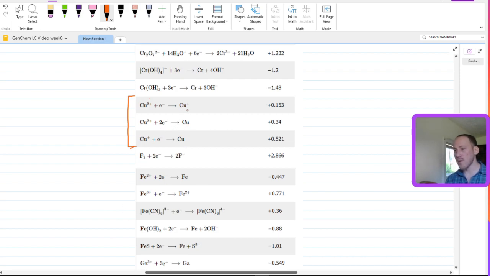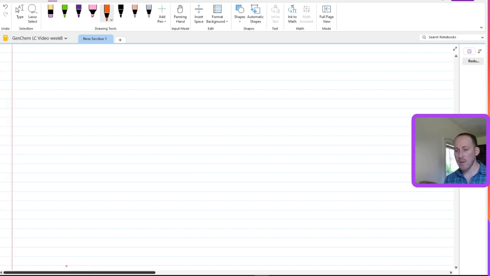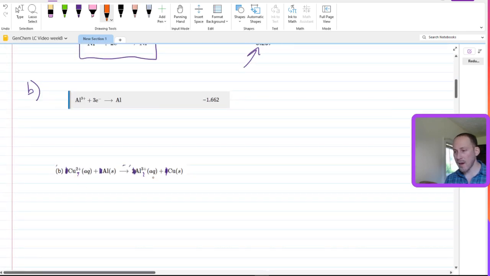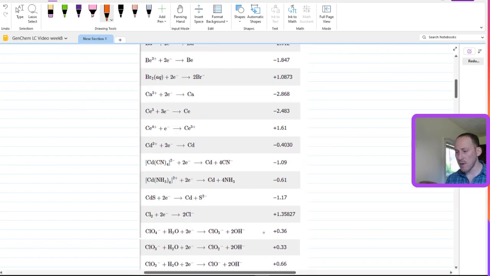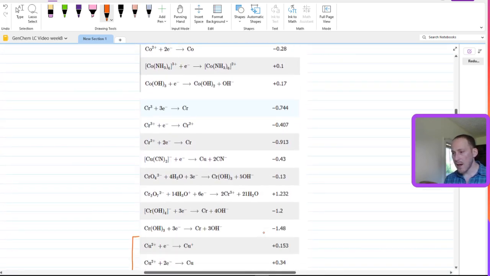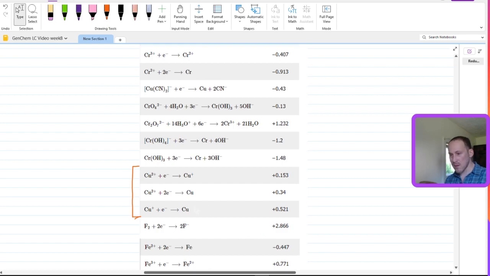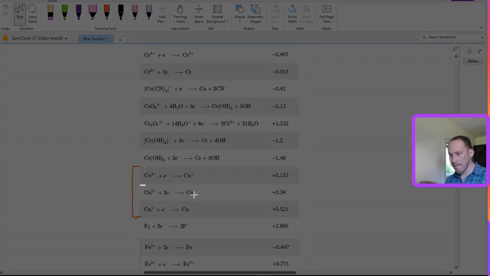We're not ending up with copper ion anywhere in our half reaction, right? In the reaction that we're talking about, we have solid copper. So I want to choose the one with the solid copper. And that is this one right here.